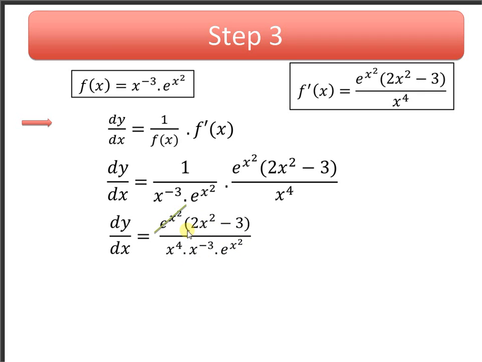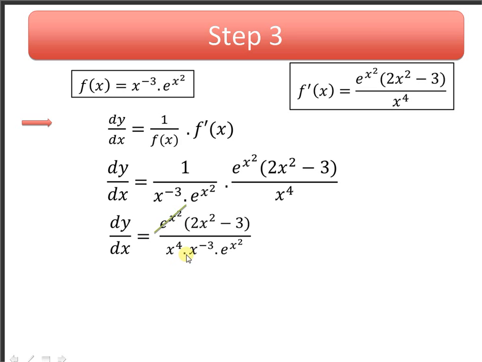We can see that e to the power of x squared is on top and on the bottom of our fraction, so we can cancel those both out. Also, at the bottom of our fraction, we notice that we have two x values multiplied by each other.